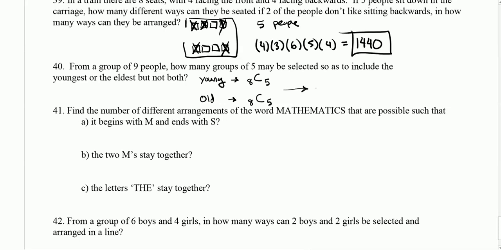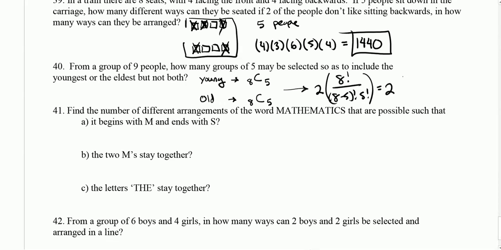So our answer is going to be 2 times 8 factorial over 8 minus 5 factorial times 5 factorial. Okay. The fraction is the 8 combination 5, and I'm multiplying it by 2 because I have 2 of the same value that I want to add together, which is equivalent to multiplying it by 2.